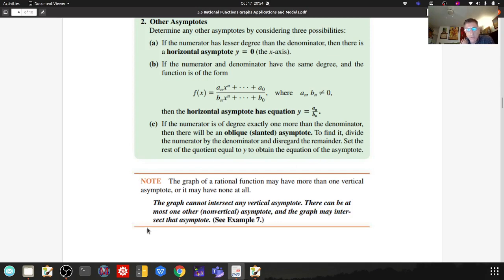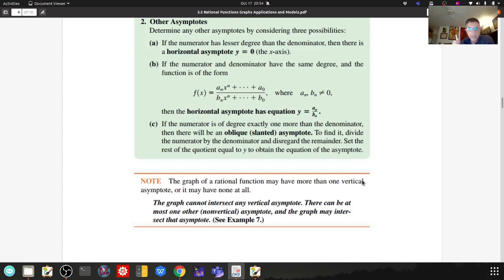Here's another important note. A lot of stuff to take in, right? The graph of any rational function cannot intersect any of its vertical asymptotes. That means once you've found vertical asymptotes, the graph never crosses them, ever, ever, ever.